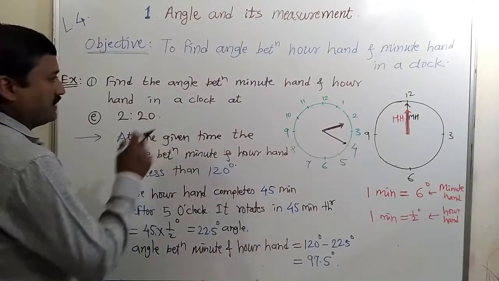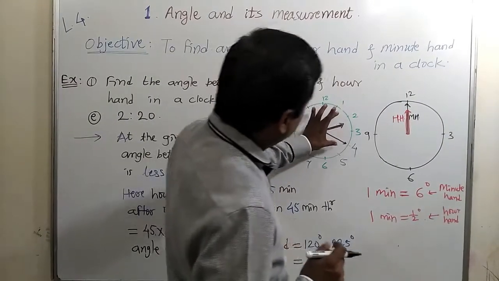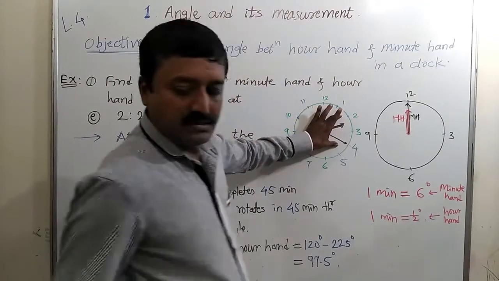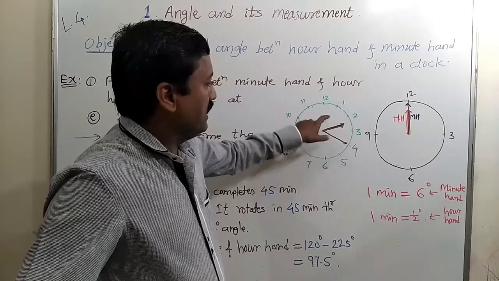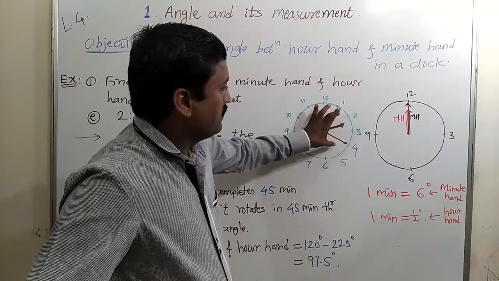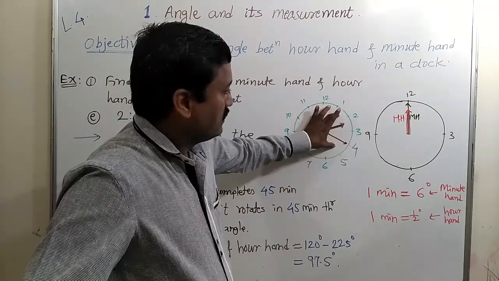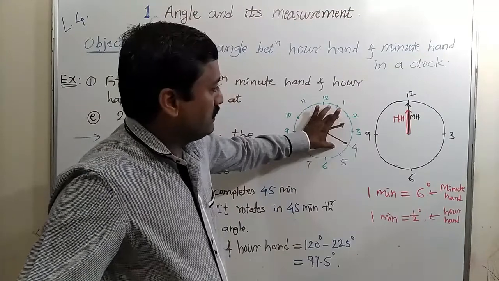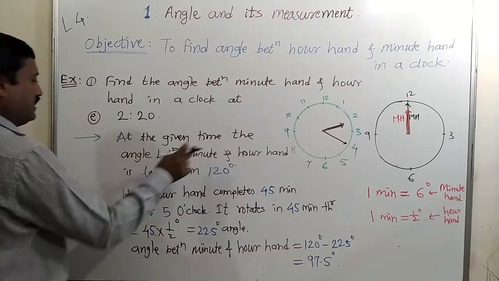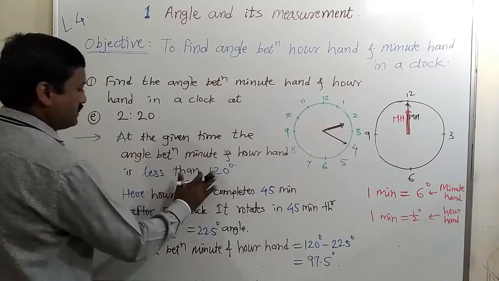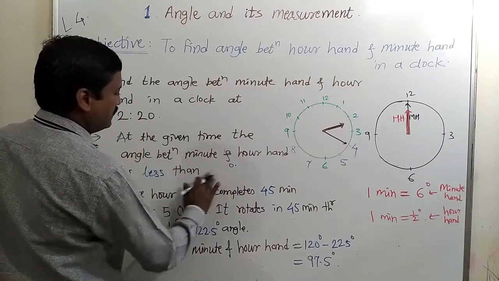So at this time, if you observe, then the angle will be less than 60 degree, because these two hands are between 2 and 4. So this angle is less than 60 degree. So at the given time, the angle between minute and hour hand is less than 60 degree.